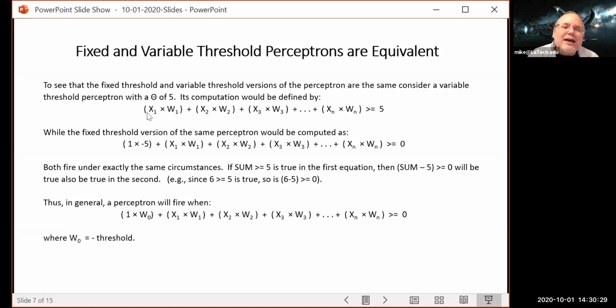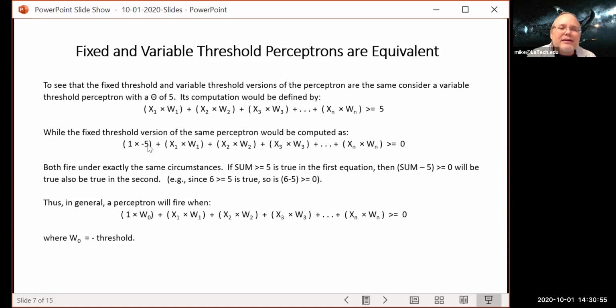Okay? Well, we can say exactly the same thing mathematically, where we take this 5 and make it weight sub 0 as negative 5. The first input, x sub 0, will always be 1. And so now I'm doing the same computation I was doing here. Everything except the first term is going to add up to whatever.